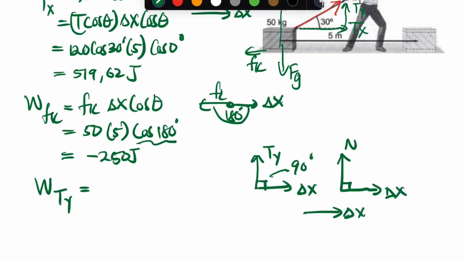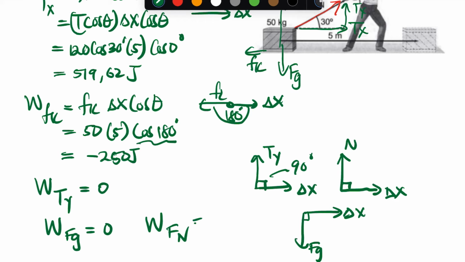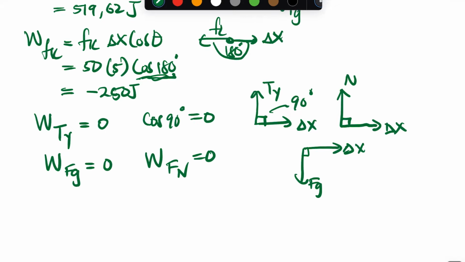So the work done by the vertical tension force is 0, the work done by the gravitational force is 0, and the work done by the normal force is 0, because cos 90 is equal to 0.